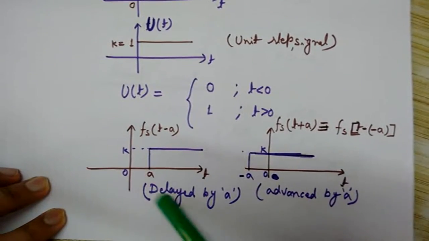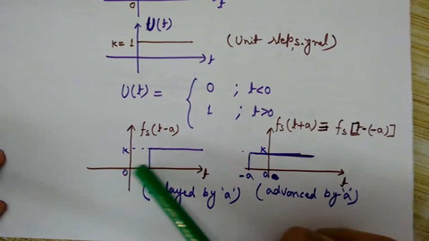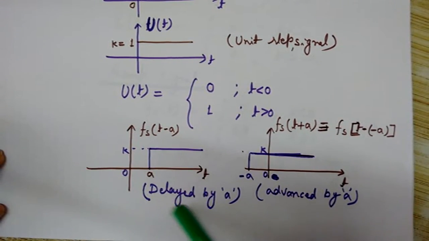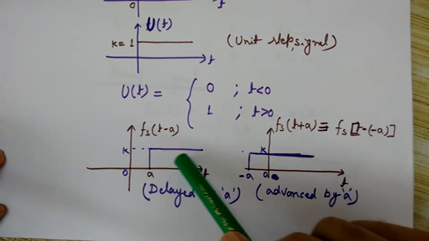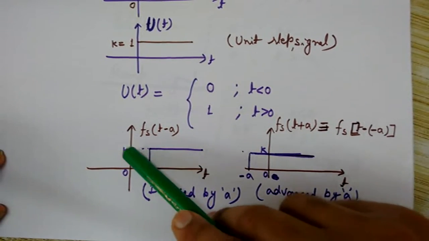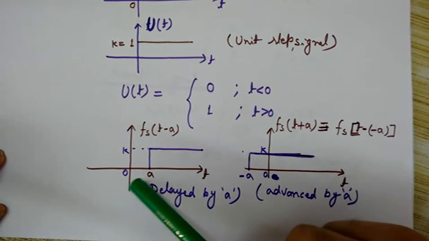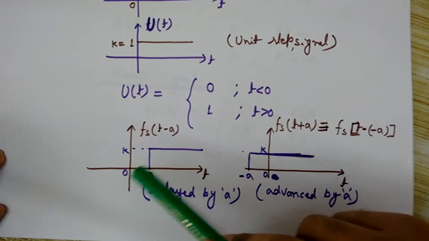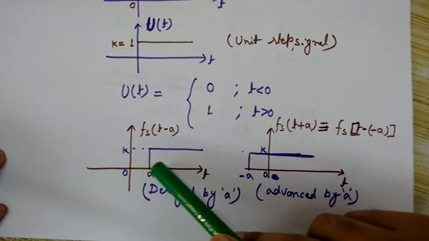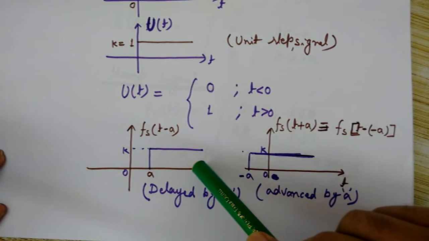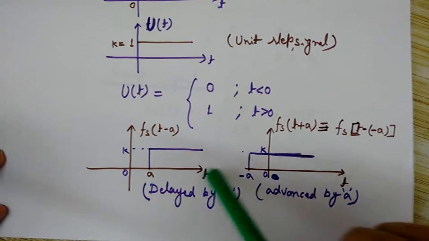It has been shifted, or we can say delayed, by a constant value a. Since it has been shifted to the right side, and time is increasing in the right direction and has lesser values in the left direction, we say that it has been delayed. Suppose here it is t equals 0, then 1, 2, 3, so it is being delayed in time as we move in the right direction, delayed by a.